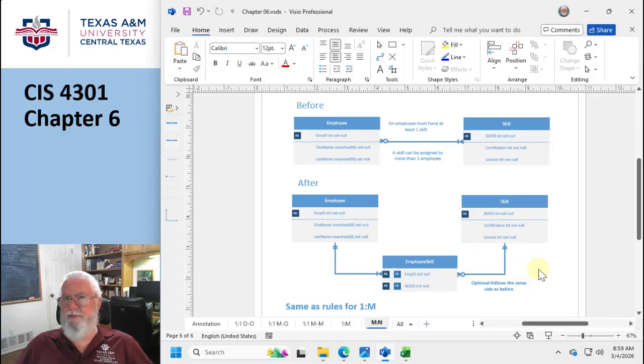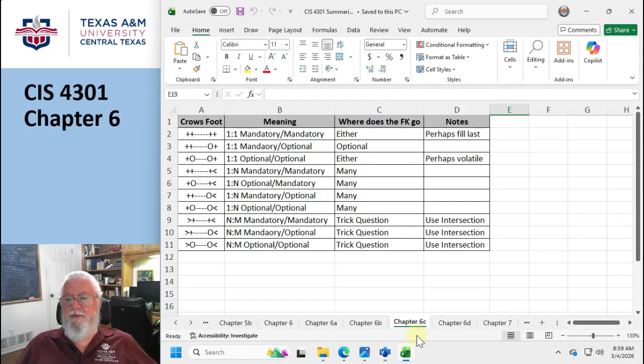Okay, so the rules for this are basically, if I ask you what side does it go on, the answer would be, trick question, because it doesn't go on either the left-hand side or right-hand side. It goes on the intersection table, and then the same rules apply. So here's the same thing over again, but in a grid format, so you can see it all at once. Mandatory, where does it go?